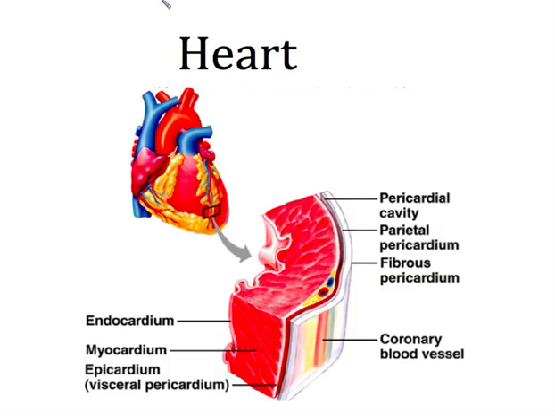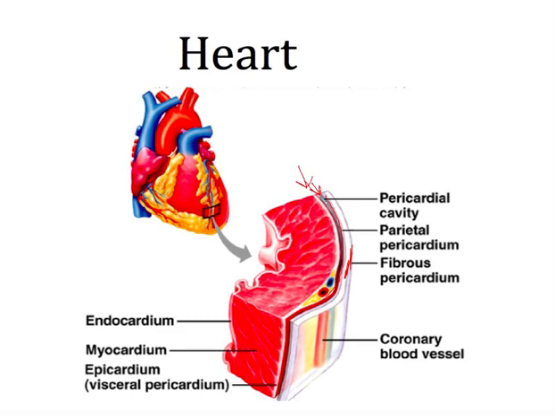Okay, so here's a look at it. Here's your heart wall itself with the covering. The outer covering on the far outside is going to be your fibrous pericardium. Inside that, you have your parietal pericardium, and inside of that, you have your visceral pericardium or your epicardium from the heart wall layer.